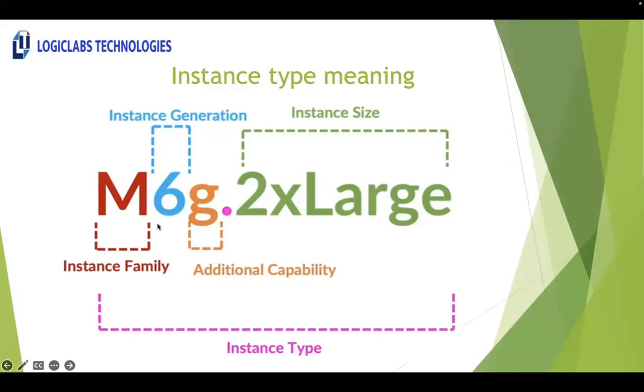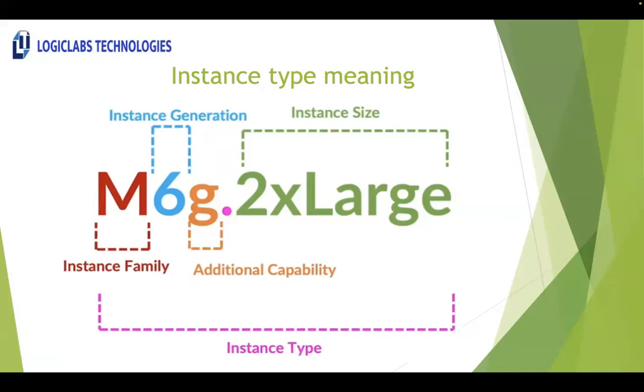The first alphabet, whatever is mentioned, is the instance family. After the alphabet, if a number is coming, this number is called the instance generation. Just like when we go to purchase a laptop, we ask the shopkeeper, is it i3 or i5 or i7? He says, yeah, i3. Then the next question from our side is, which generation, right?